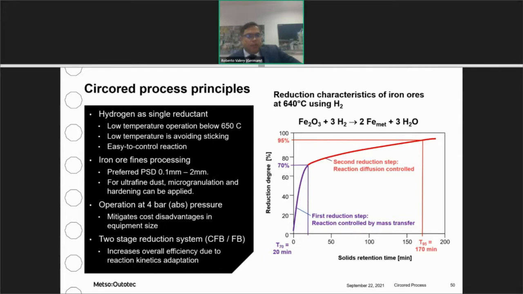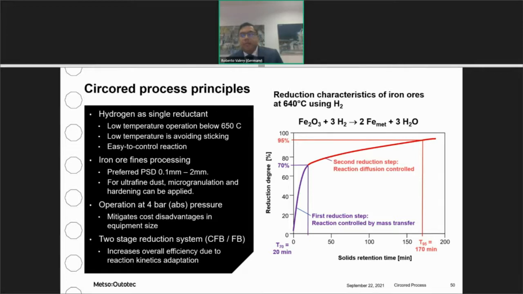This is a process for processing fines, and the preferred particle size distribution is a range of 0.1 millimeter to 2 millimeters. For ultrafine dust, Metso Outotec has established a concept for microgranulation and hardening of the granules.